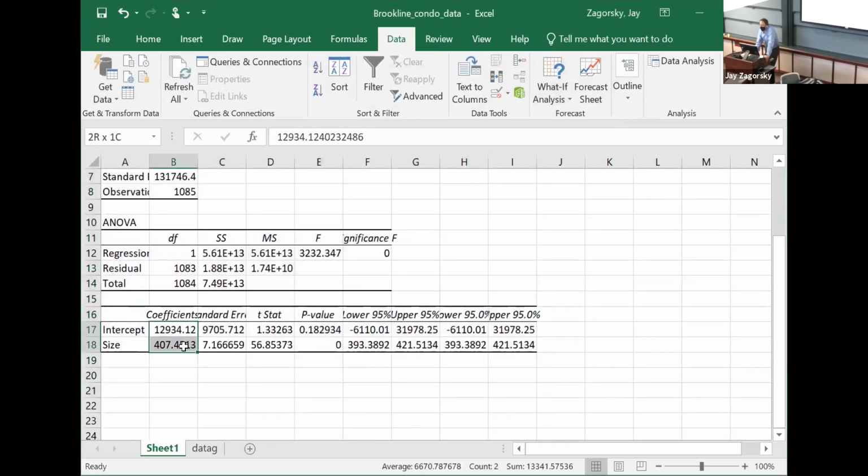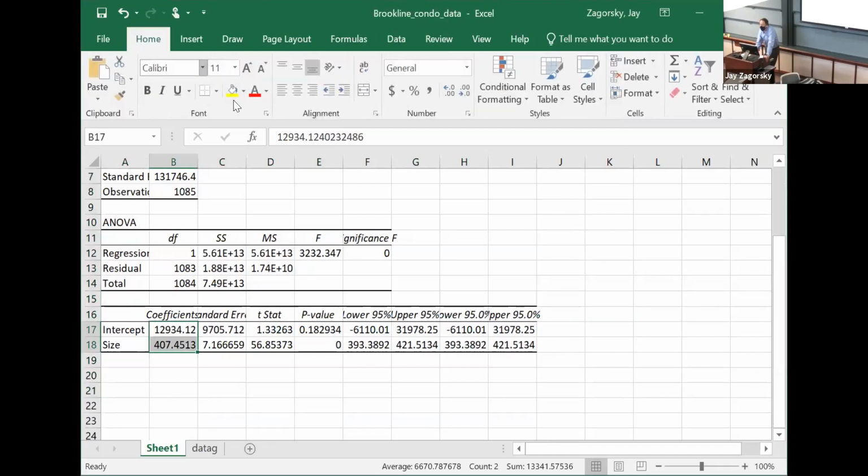The key numbers are here. $12,934 and 407.5. If you're having any trouble, in about 6 minutes the class ends, and I will be happy to stay online and help you. Maybe Rithvik will also stay a couple of minutes after class and help people if he's able.